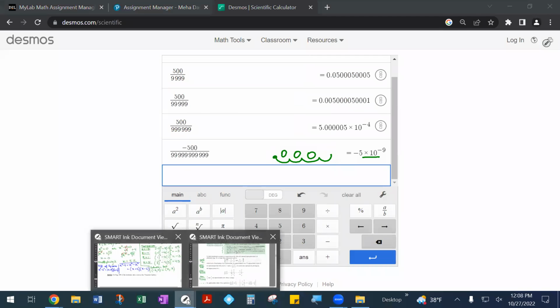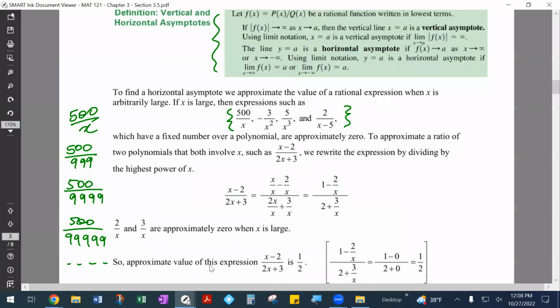So that's the thing that's going to happen with each one of these expressions over here: as your x gets really, really large, all of these are going to start getting closer to 0. So as x goes to positive or negative infinity, it's not going to make a difference. All of these expressions are going to be heading close to 0.